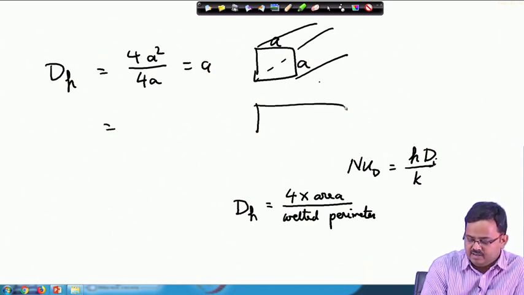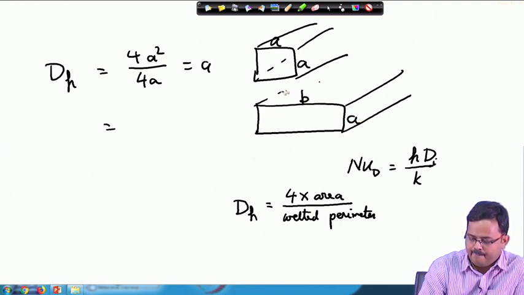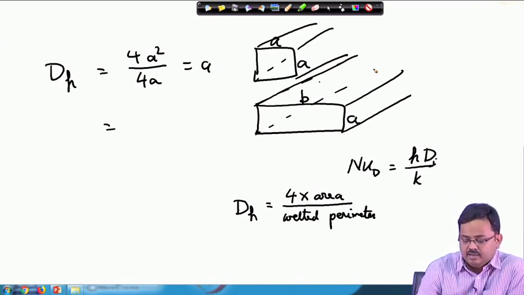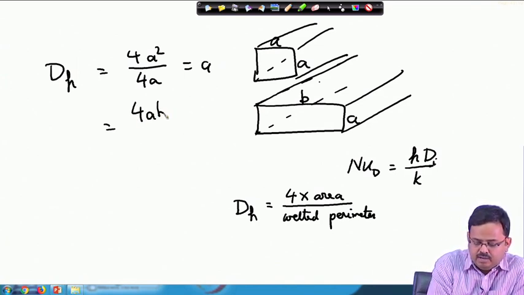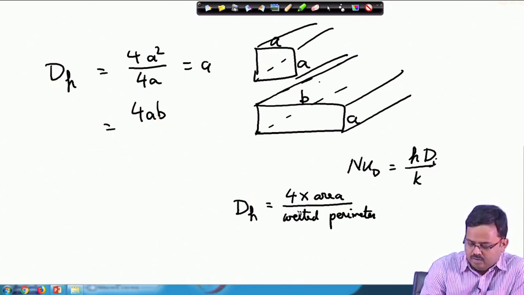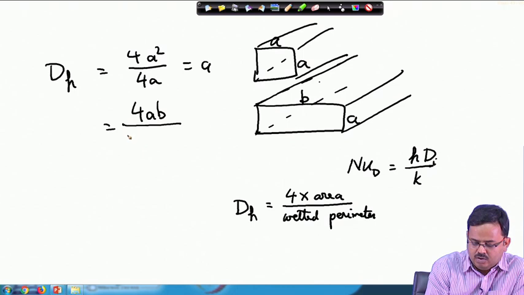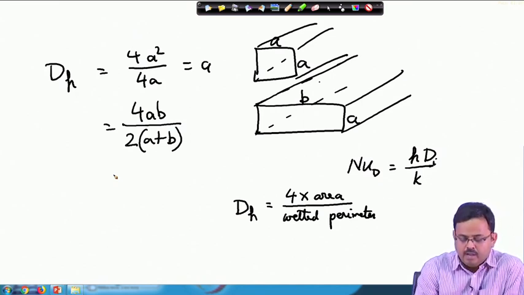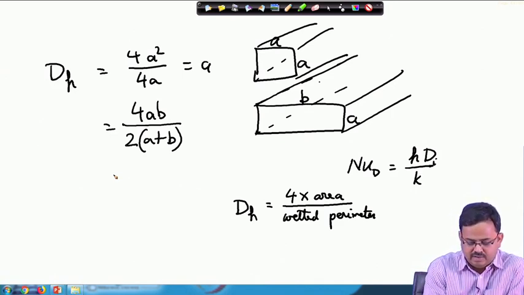What happens if it is a rectangle? Think about it, this is very similar to flow between two fins through a channel. Then what happens? 4 a b divided by 2 into a plus b. What happens if b is much greater than a?